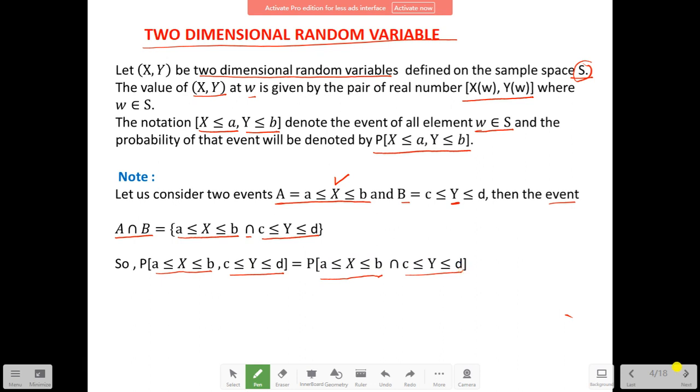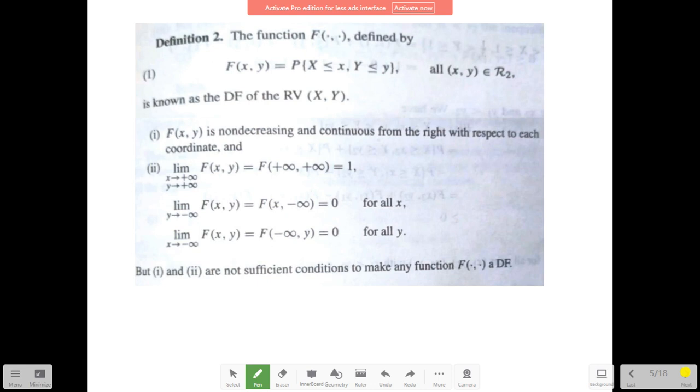Here I am taking the definition. The function F(·,·) defined by F(x,y) is equal to the probability of the random variable X less than or equal to small x, and the random variable Y less than or equal to small y.